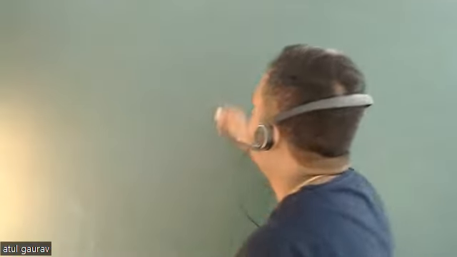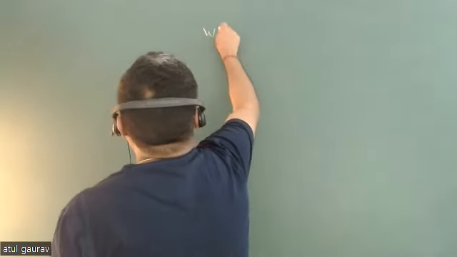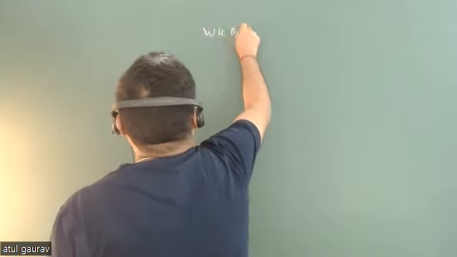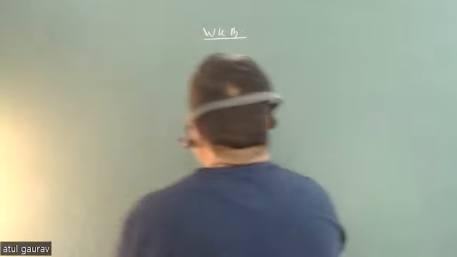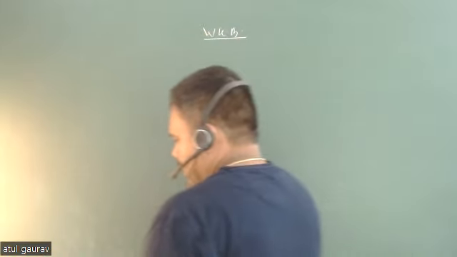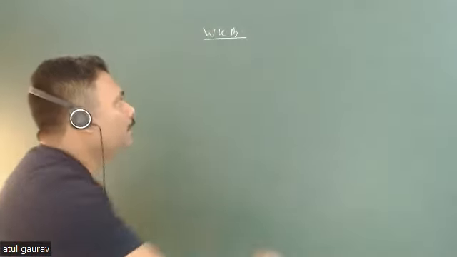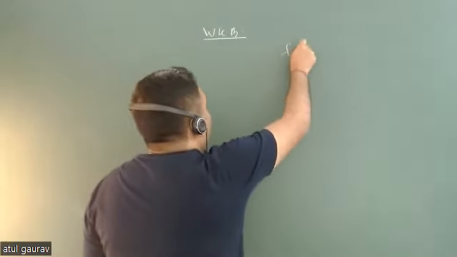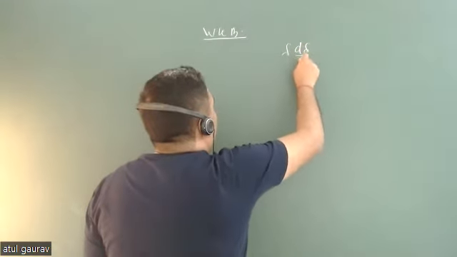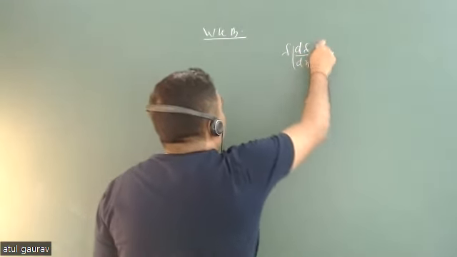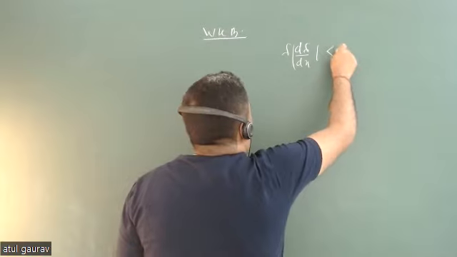Next is what? WKB approximation. So in WKB approximation, the first thing is all about your condition for WKB, that is lambda d lambda upon dx must be less than lambda.